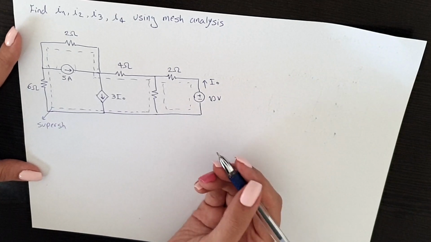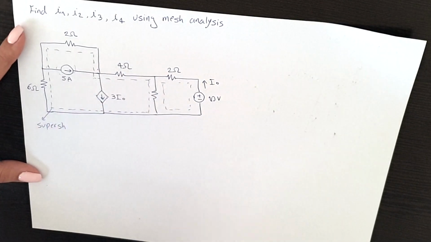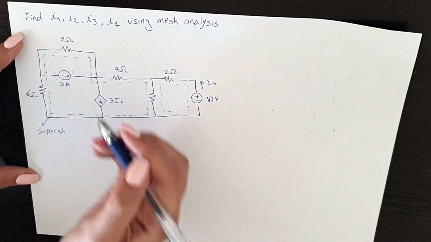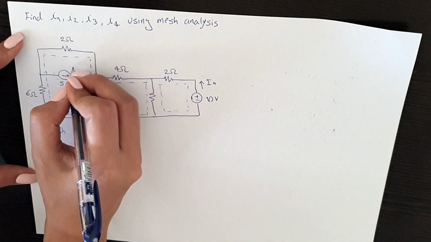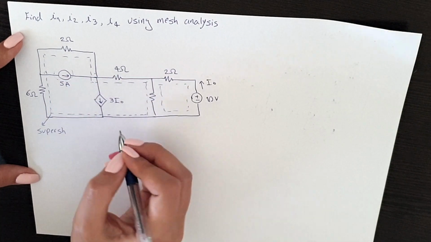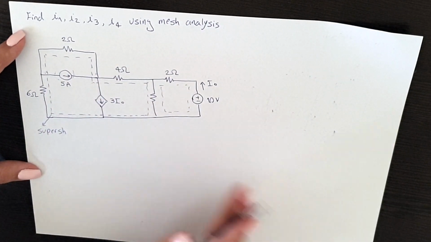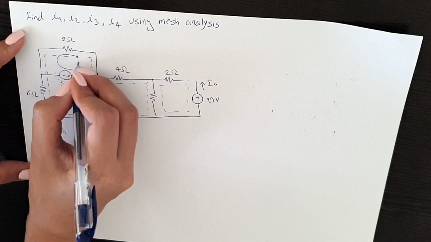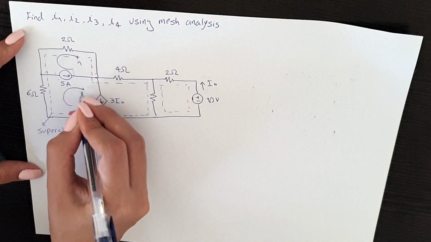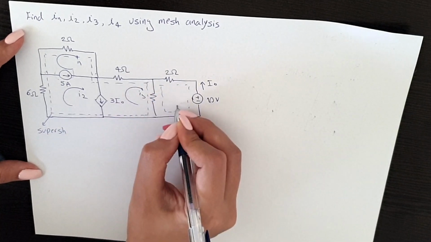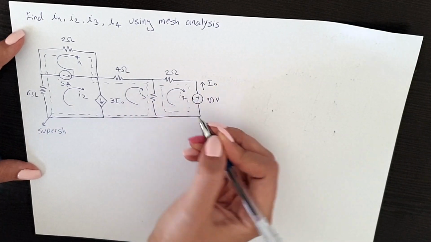So how do we write our equations? First things first, here again we're going to define a current for each mesh separately. Here we don't define one whole current for the super mesh. We define them separately. So we say I1, I2, I3, and I4.